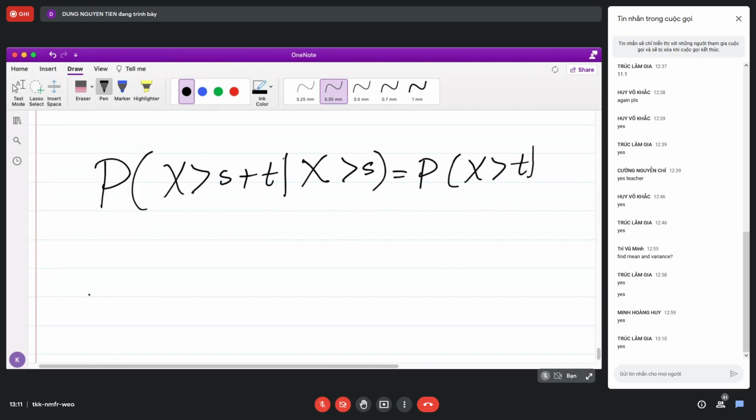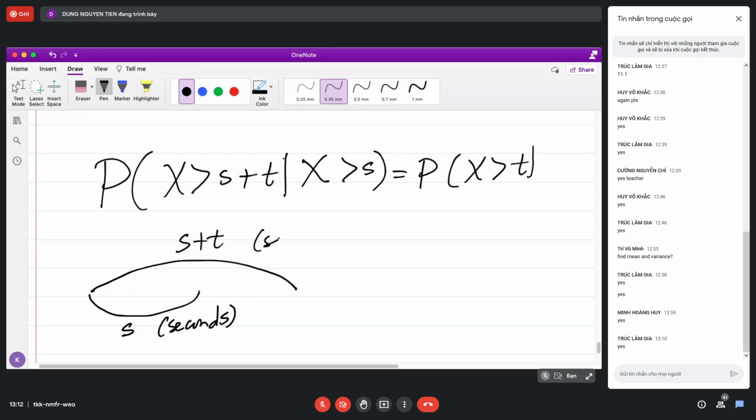It means that if you already wait s units, as seconds, for example, if you have waited for s seconds, then the probability that you have to wait for at least s plus t seconds is the same as the probability that you have to wait for t seconds, counting from here.